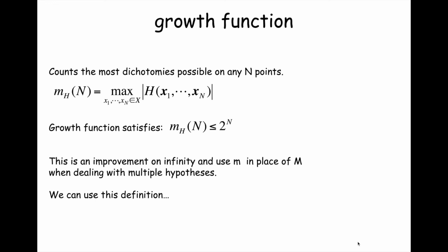Well, because the most dichotomies that any hypothesis set can generate is just the full alternative of the labelings that you can have on n many data points drawn from a +1, -1 label set. Does that make sense? So we do know for sure that the growth function has a maximum of 2 to the n. So this is a vast improvement. While 2 to the n is still big, it's a lot better than infinity that we had before.